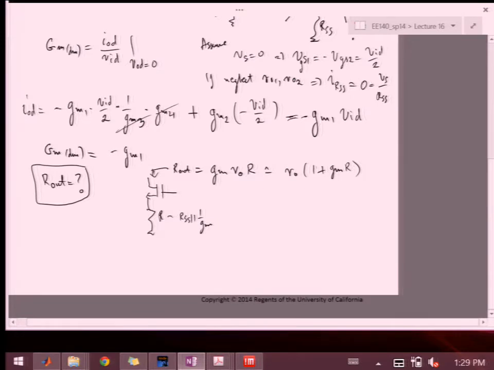And I'm saying already RSS is the output impedance of a current source, so that should be pretty high. So I can approximate this with 1 over GM. So then this R out is RO times 1 plus GM times 1 over GM, which is equal to 2RO.